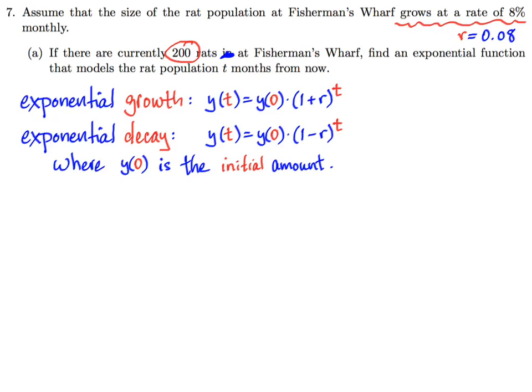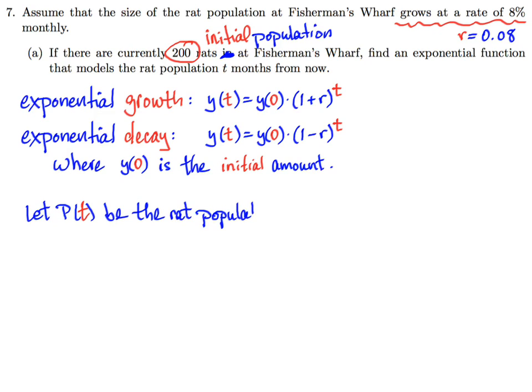And we're told that the current rat population is 200 rats. So that's our initial population. I'm going to use P for population. So let's let P of t be the rat population t months from right now.